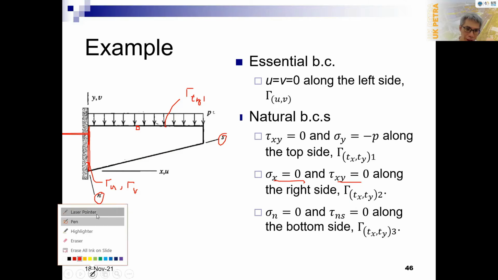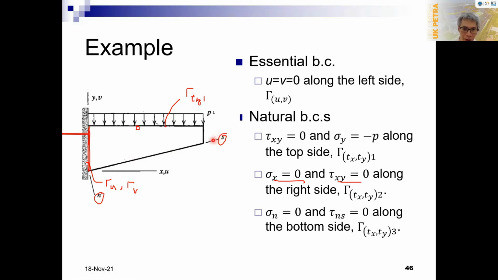So we can say that the equilibrium along this side is the normal stress 0, but the normal according to these coordinates, n-s coordinates, and tau ns equals 0 along this boundary 3.